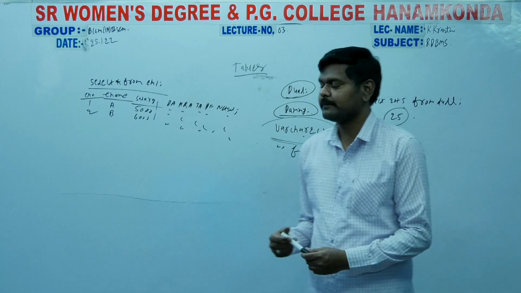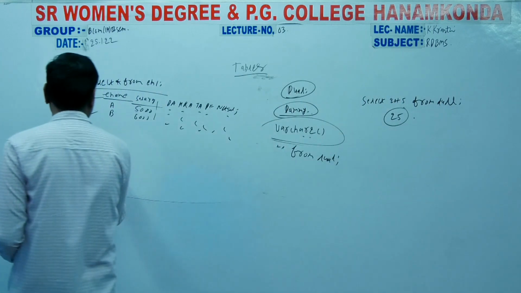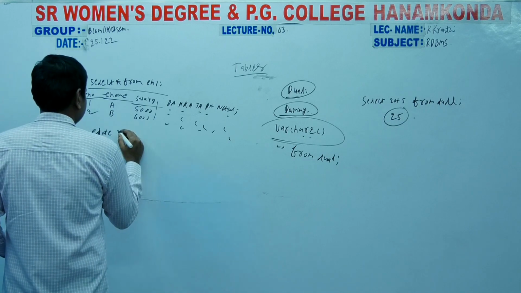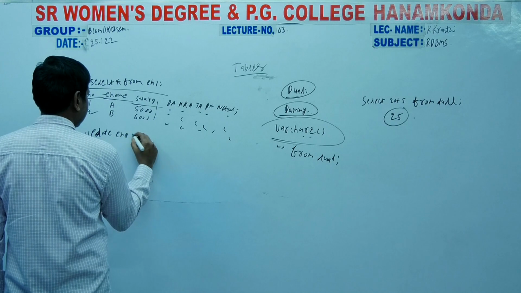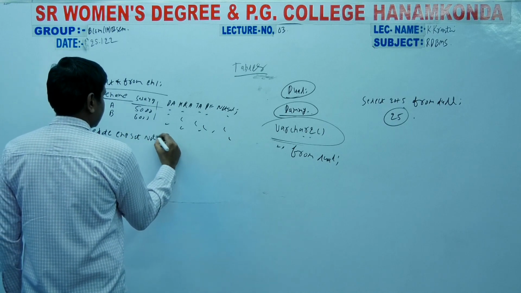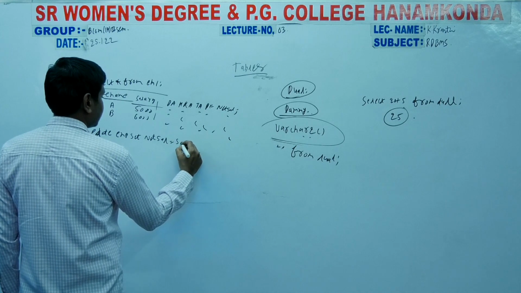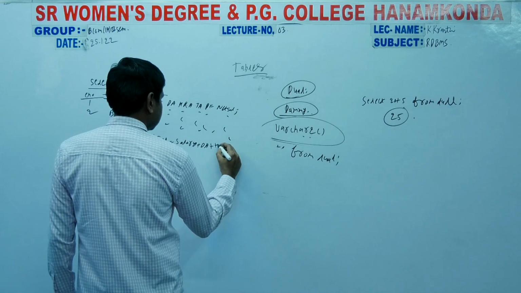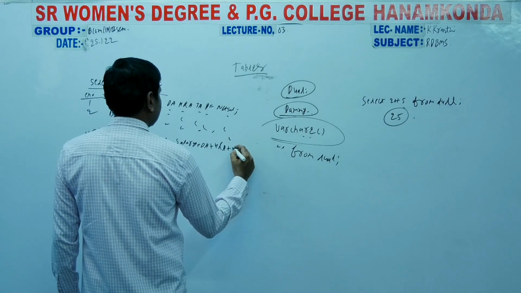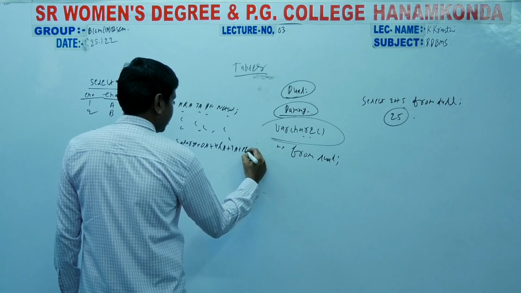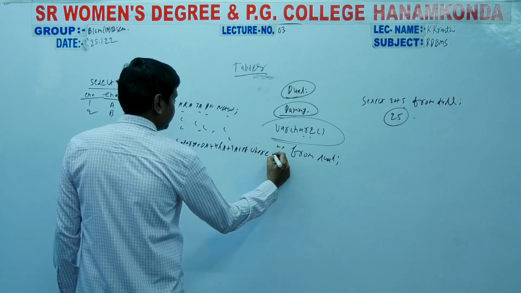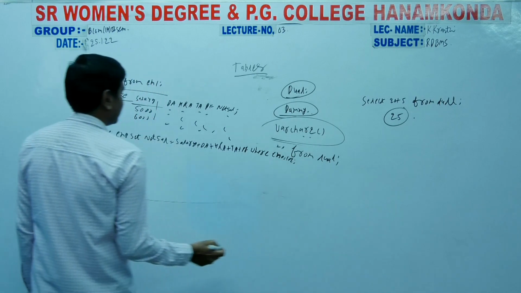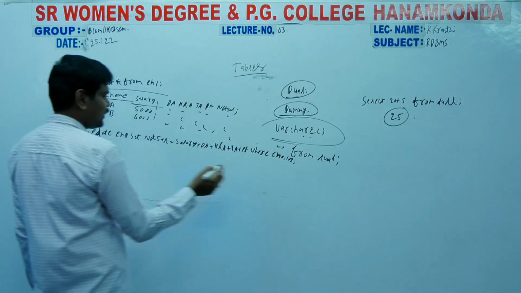For example, I take this statement: UPDATE EMP SET net_salary = salary + DA + HRA + TA + PF WHERE ENO = 102.